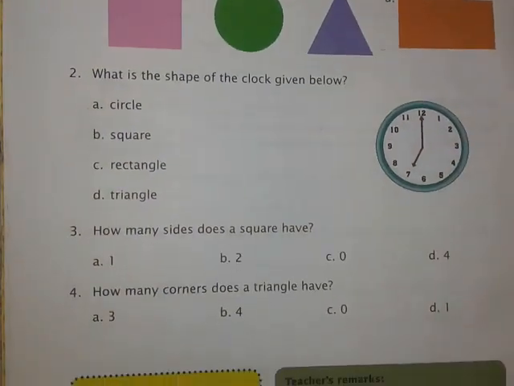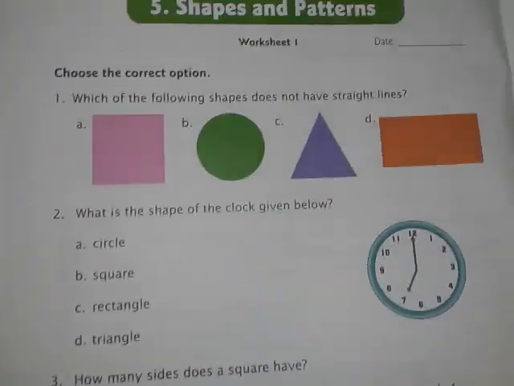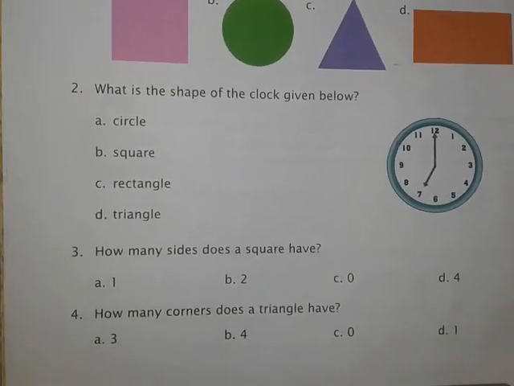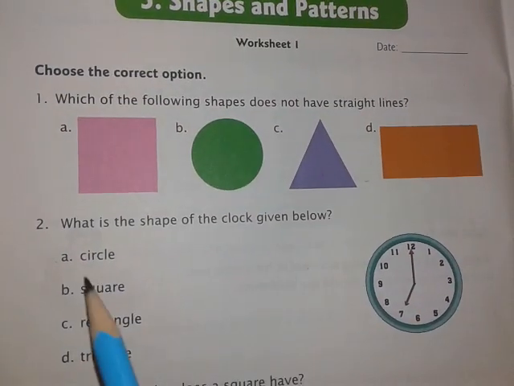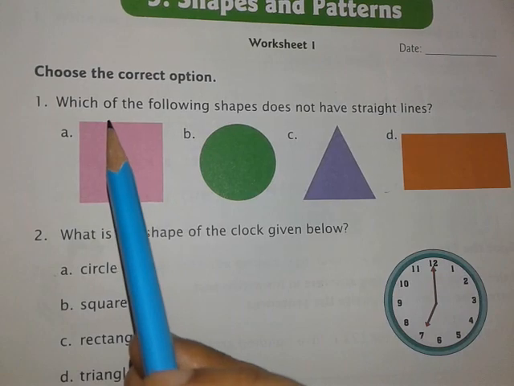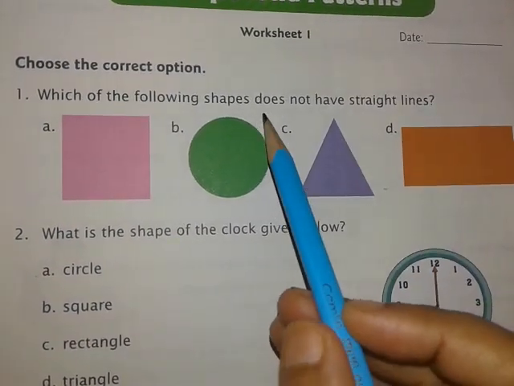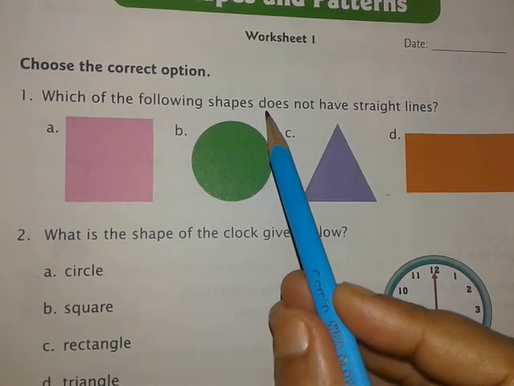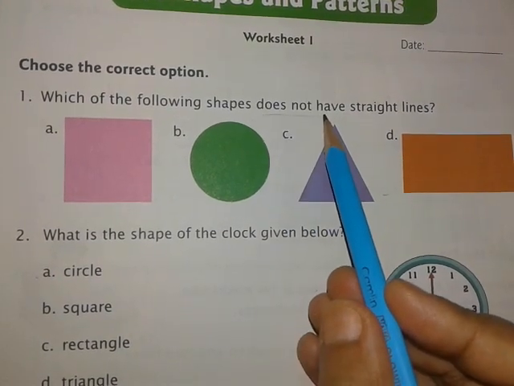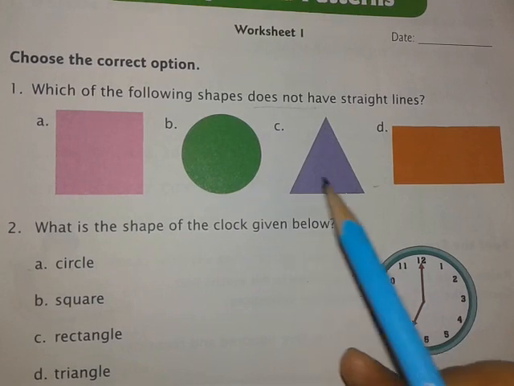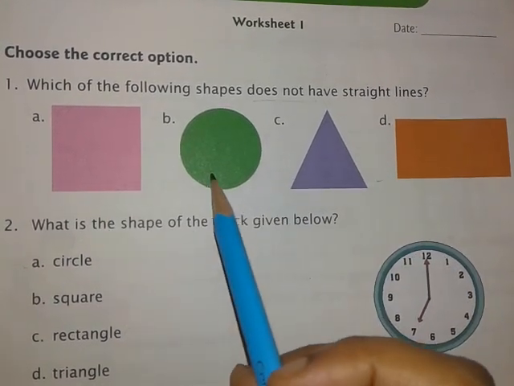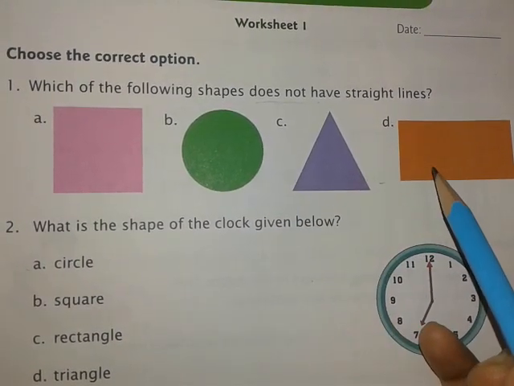This is page 28, worksheet 1. There are 4 questions given. Number 1. Which of the following shapes does not have straight lines? Read it carefully, student. It is asked, does not have straight lines. So 4 shapes are given: a square, circle, triangle and rectangle.